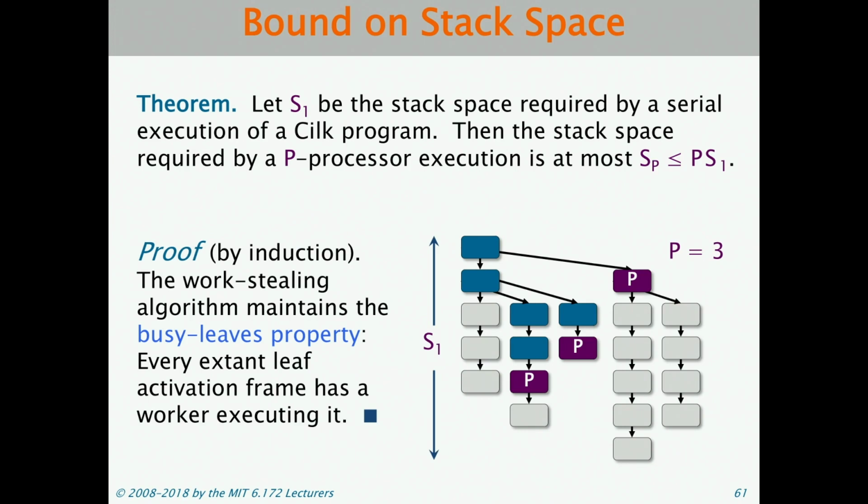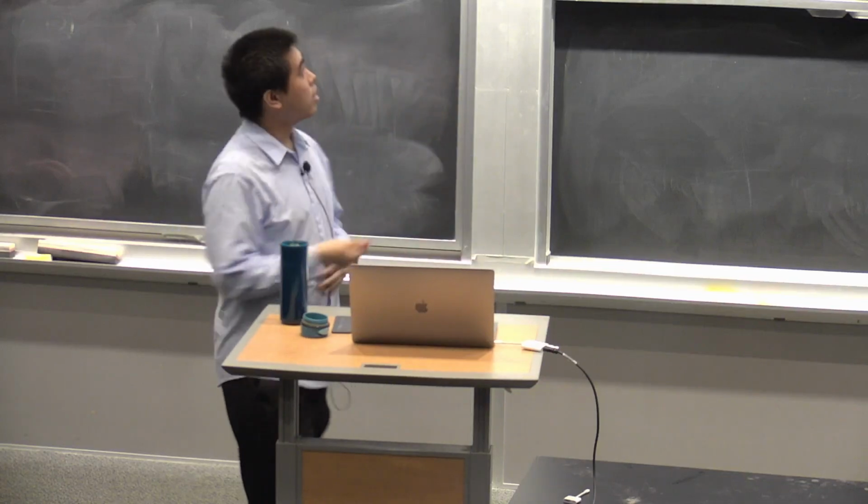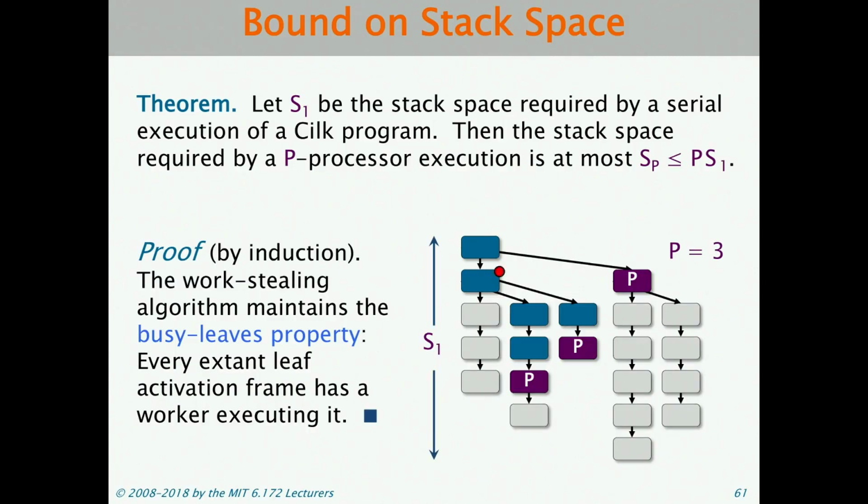Now for each of these processors, it needs stack space for its own task and then everything above it in this computation DAG. And we can bound that by the stack space needed by a single processor execution of the Cilk program, S1, because S1 is just the maximum stack space we need, which is basically the longest path in this graph.